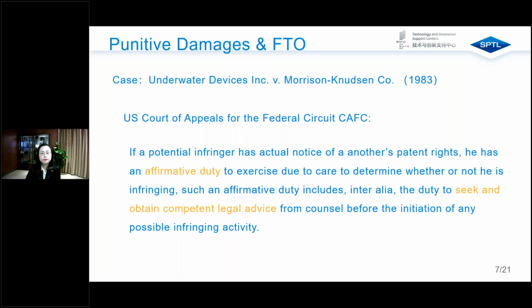Such an affirmative duty includes, inter alia, the duty to seek and obtain competent legal advice from counsel before the initiation of any possible infringing activity. From the case law, FTO analysis is a means to avoid punitive damages due to willful patent infringement in the United States.